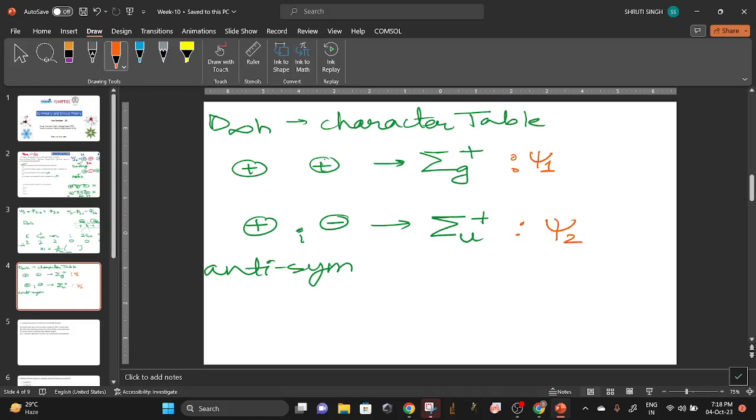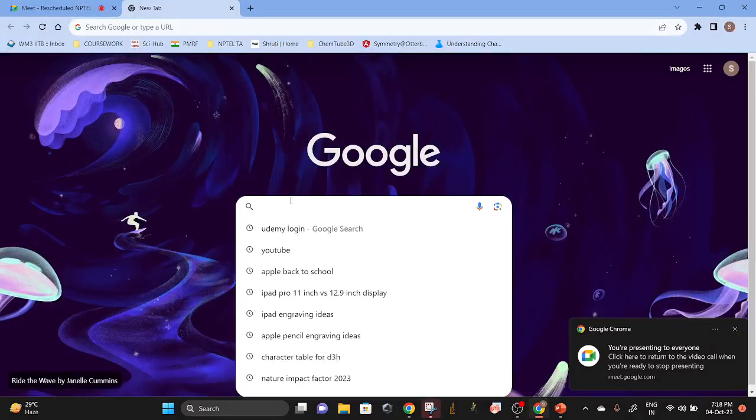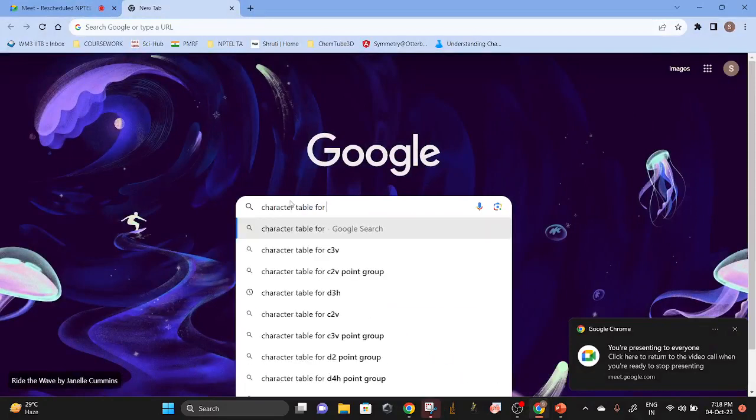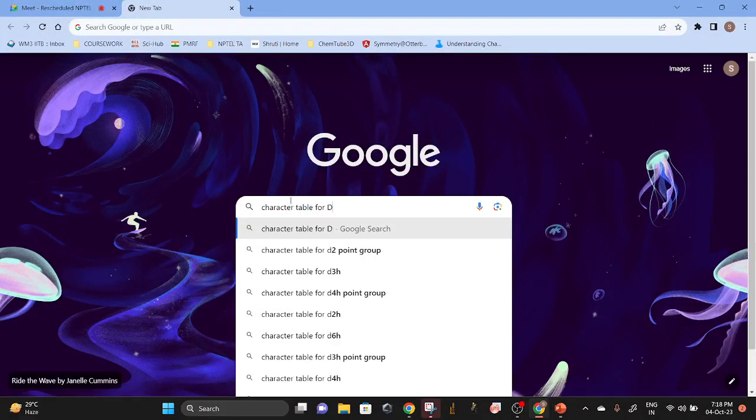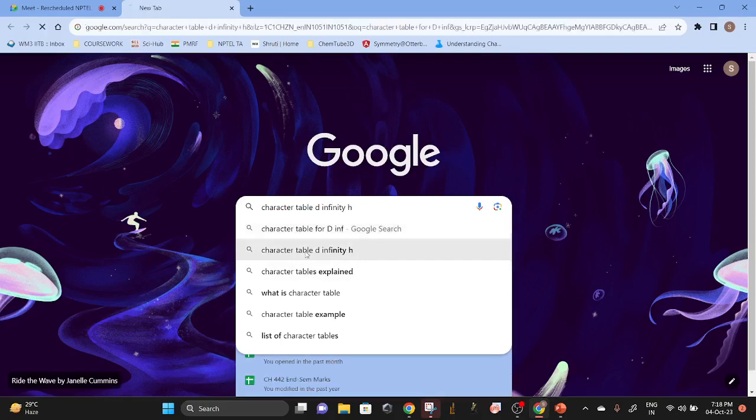So how do we get this? We see the character table. I don't have the character table here, let me get one. For D infinity h.